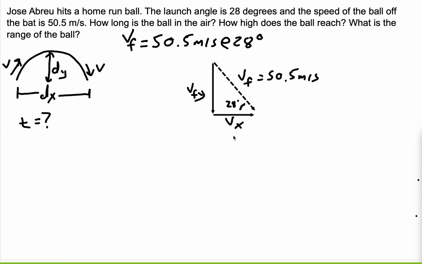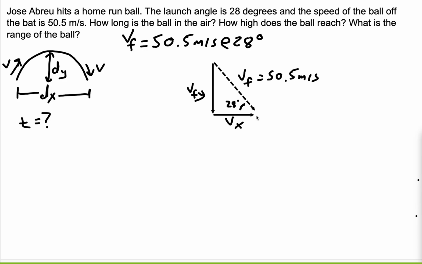Now, how would I find out what Vx and VFY are? You know some math that would let you do it. Yeah, we could use trig. We know the hypotenuse and the angle.